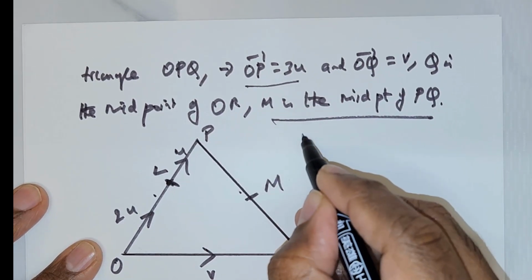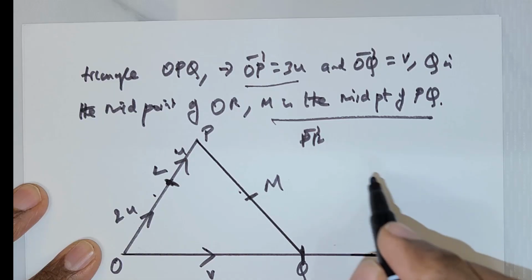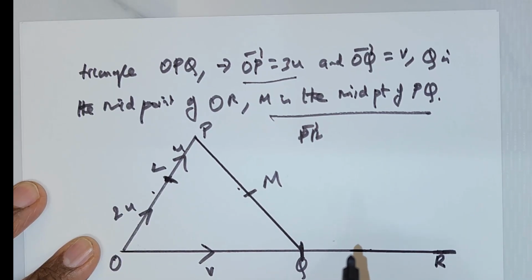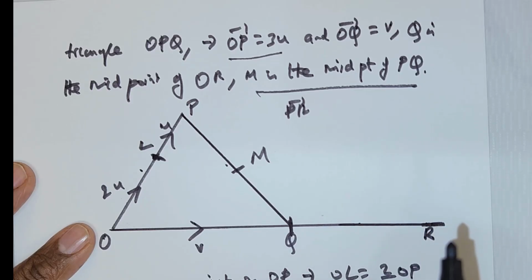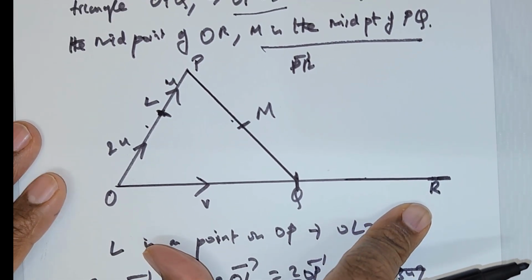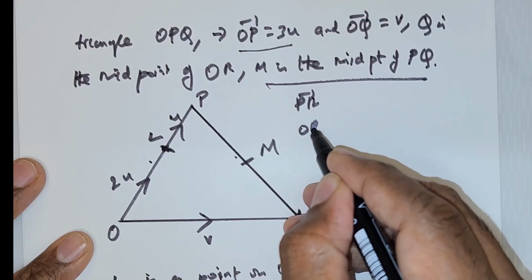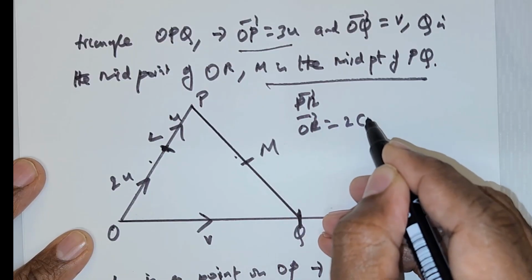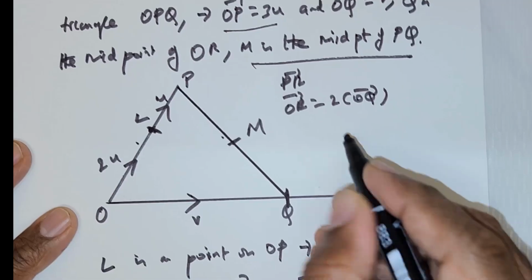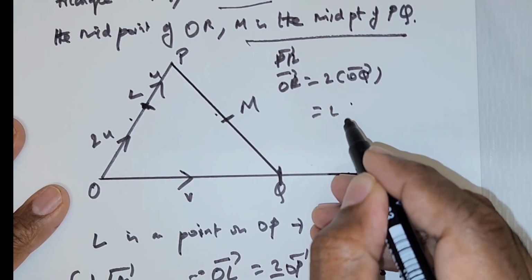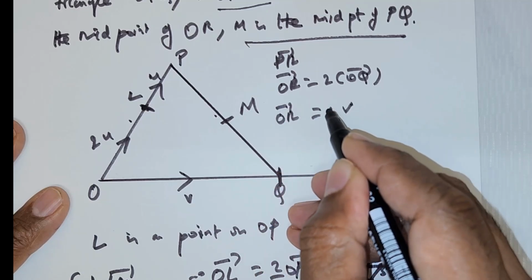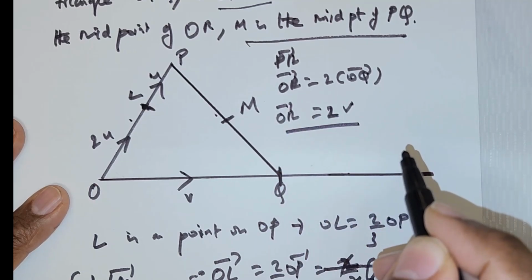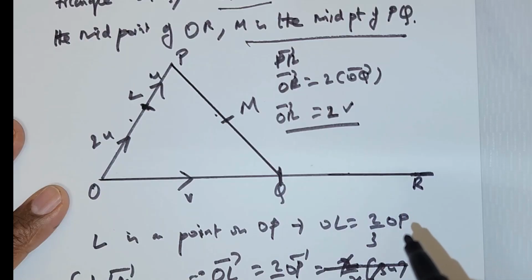Okay, next they want us to find the PR vector. Now before we could find a PR vector, we need the R vector component. So OR vector is nothing but 2 times of OQ vector. But OQ vector is V. So therefore OR vector is 2 times of V. Right?